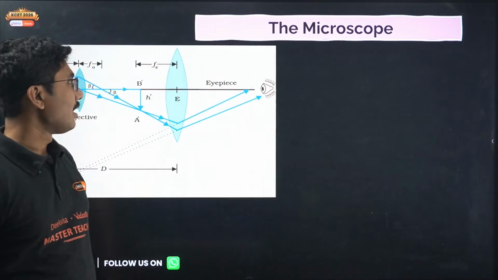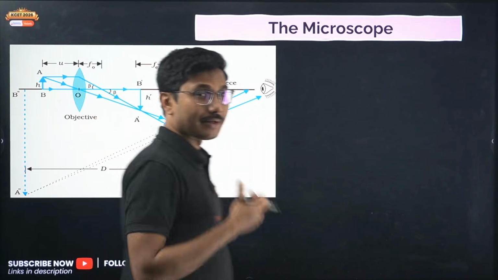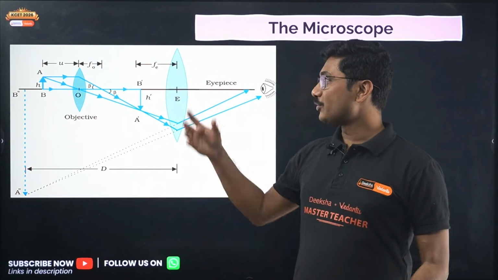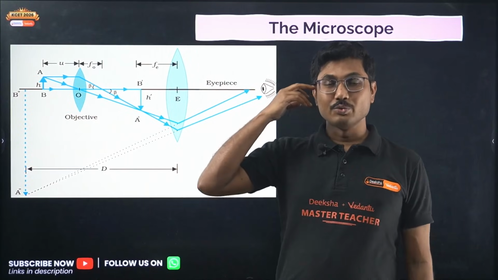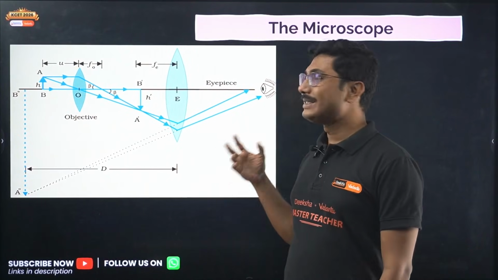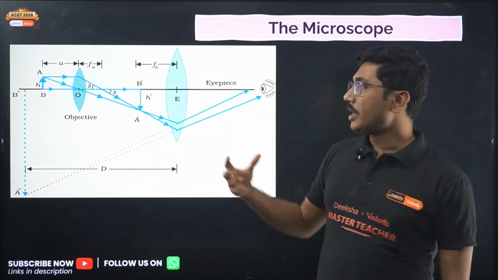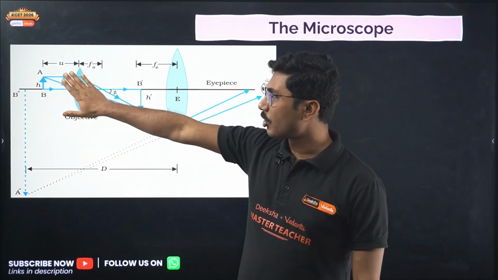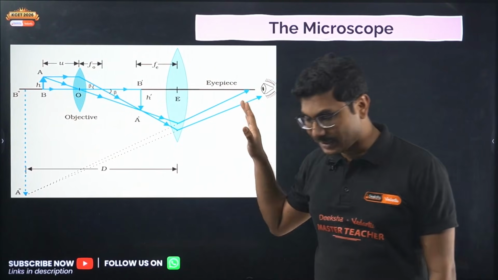Now the microscope is basically an instrument where more than one lens is used to see an image clearly. There are two lenses, one called the objective lens, another called the eyepiece.